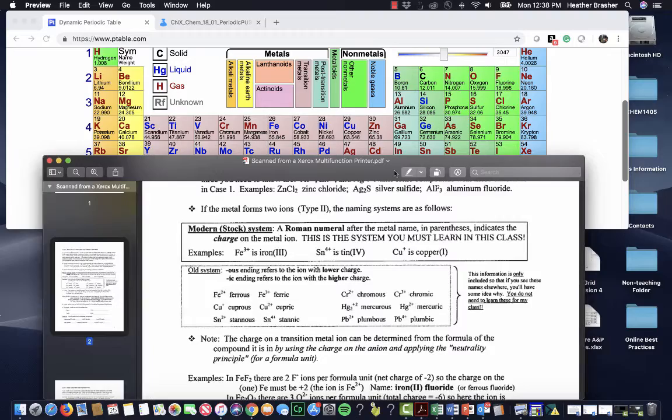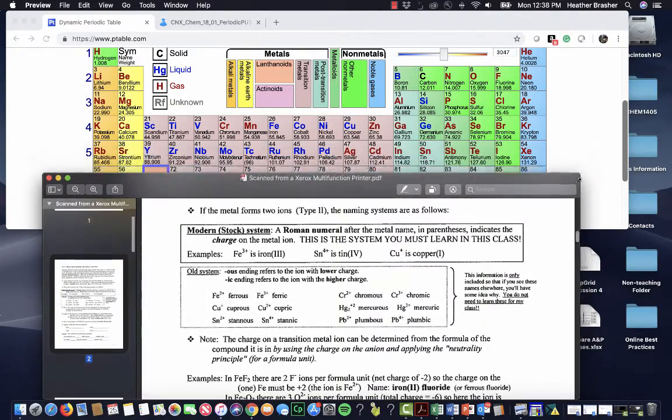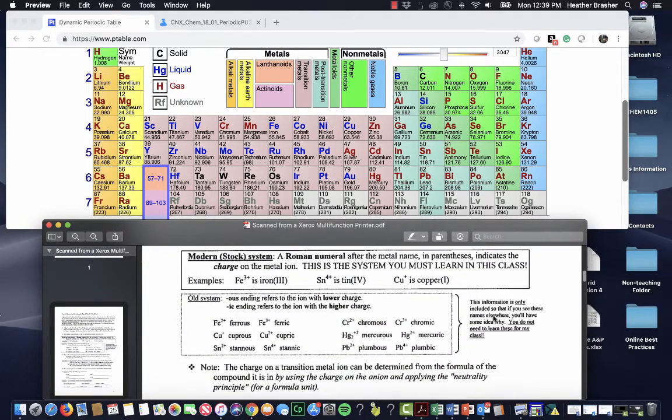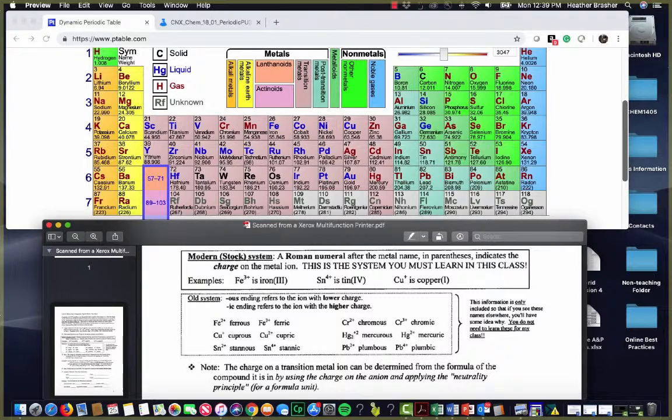If we're looking at iron, for instance, iron can be found right here, right? You can give it its name.